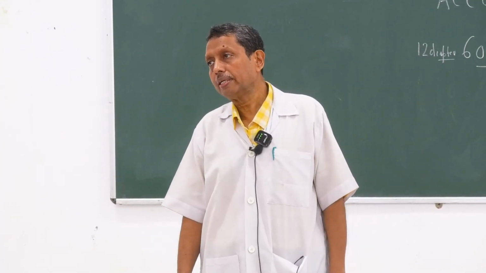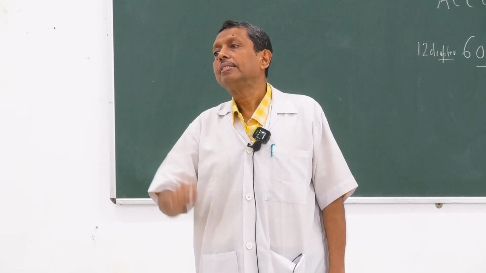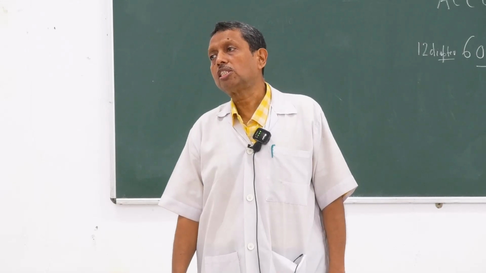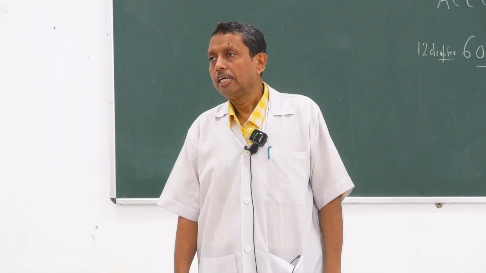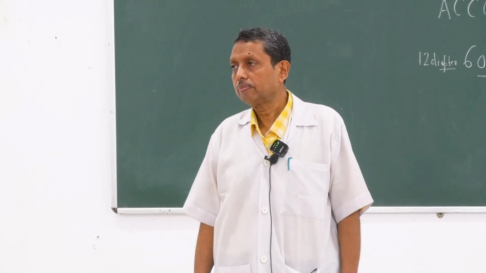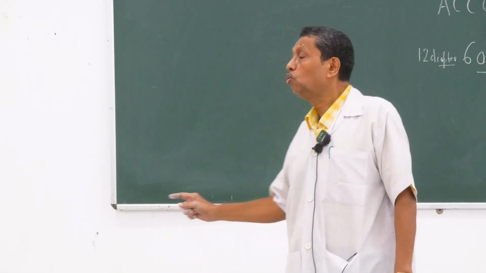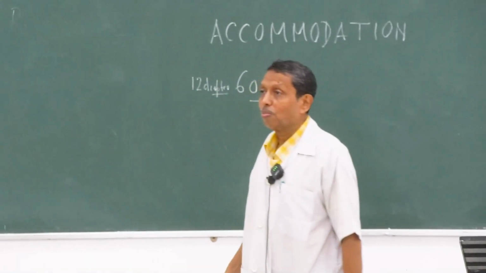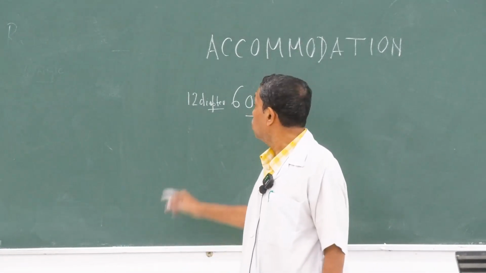So 20 millimeter. And if you calculate the dioptric power, it will be 66 or so, roughly 60 diopters. Reciprocal of the focal length in meter is the dioptric power. And addition of only 12 diopter is possible.